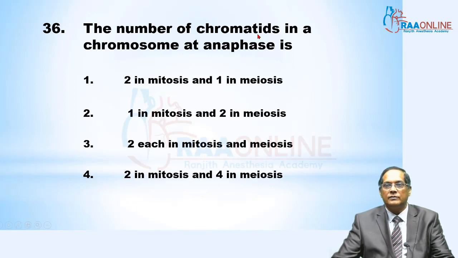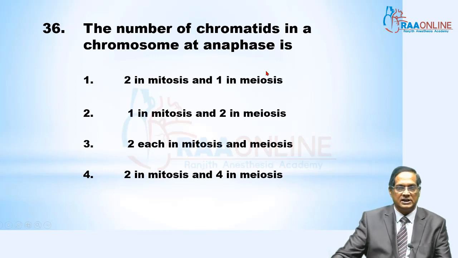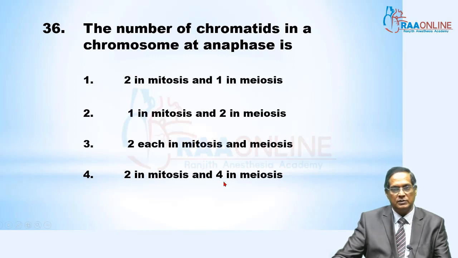The number of chromatids in each chromosome at anaphase: 2 in mitosis, 1 in meiosis; 1 in mitosis, 2 in meiosis; 2 in mitosis, 4 in meiosis.